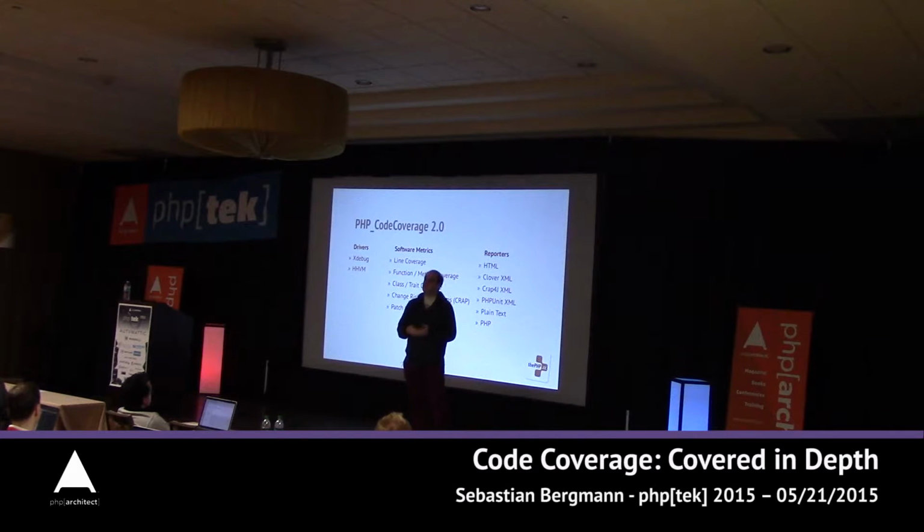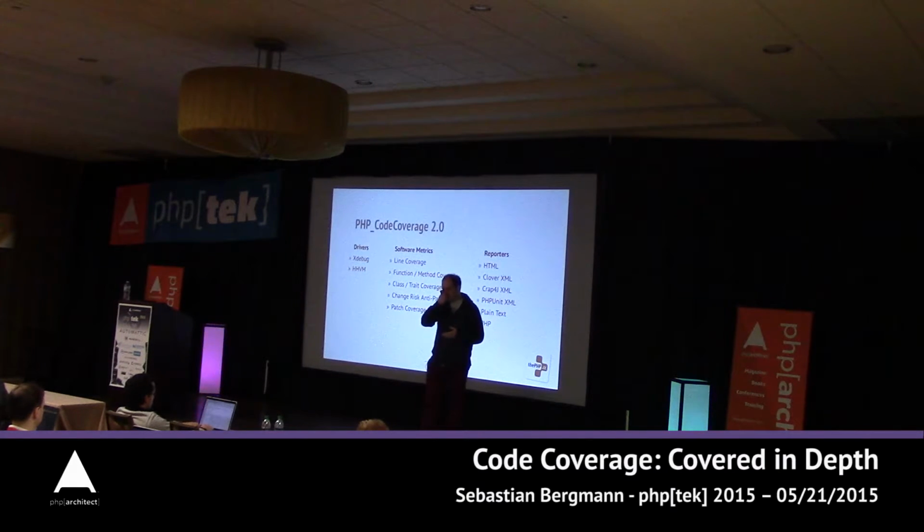PHP_CodeCoverage not only uses Xdebug to collect the raw code coverage data, but also does some processing of the data and calculates various types of code coverage metrics that you can use. So we get line coverage, function and method coverage, class and trait coverage, the CRAP index, which has a really funny story behind it, and something called patch coverage.